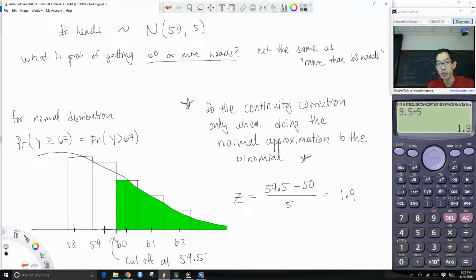Then I want the area to the right of Z equal to 1.9. I can look up positive 1.9, or I can just look up negative 1.9, and I get 0.0287. So the probability of getting 60 or more heads is approximately 2.87%.